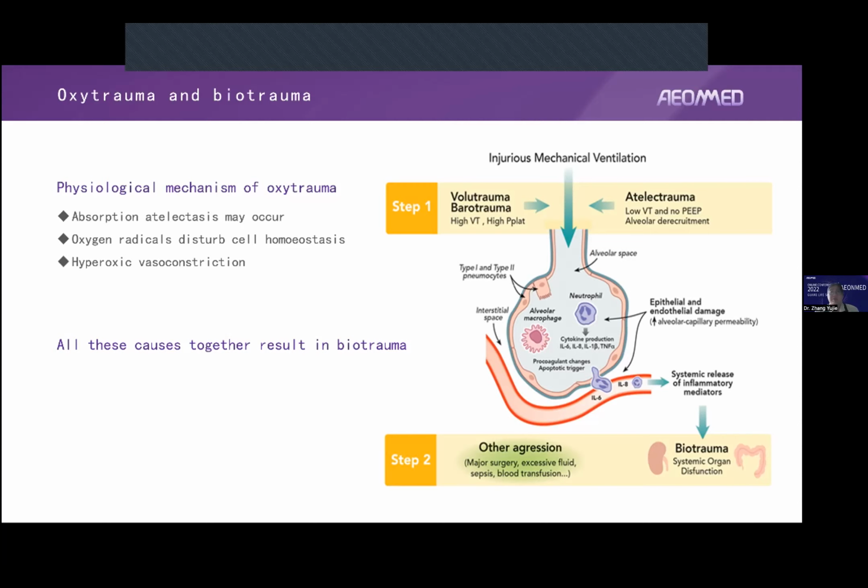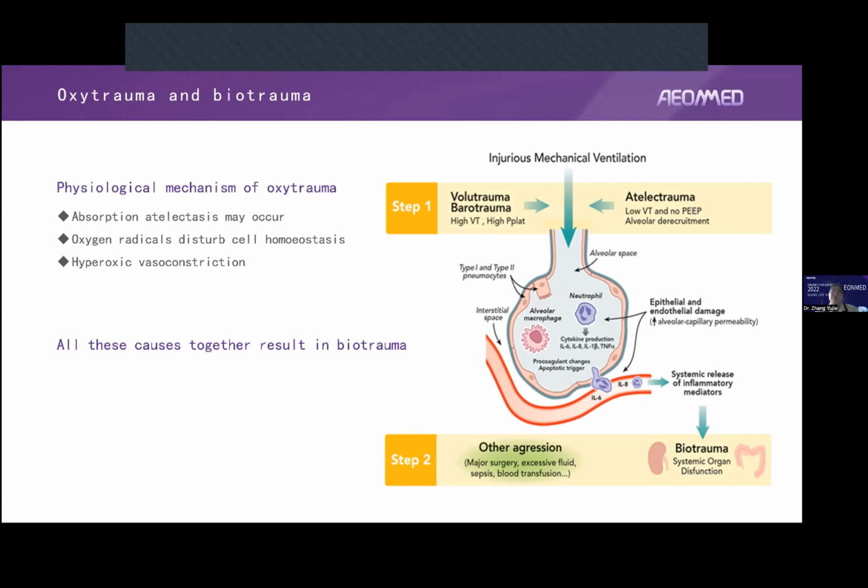And if we give the patient too much oxygen, the radicals can disturb cell homeostasis as well. And then they can cause vasoconstriction of the capillaries and finally reduce the perfusion of the lung. So these three reasons cause the oxytrauma.